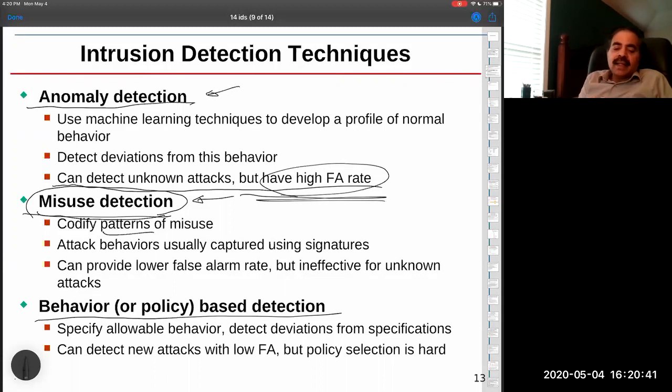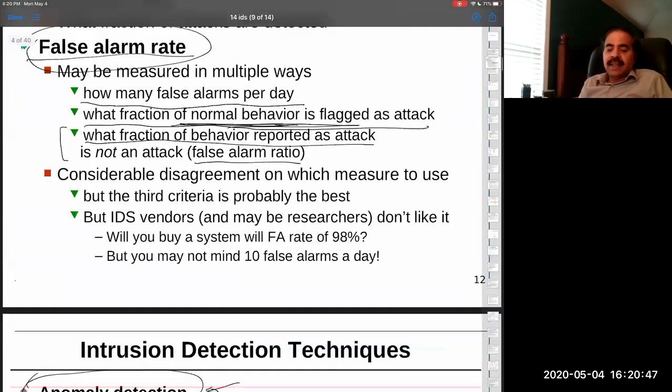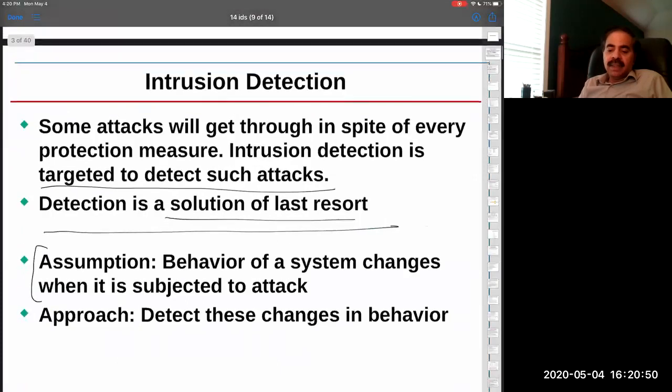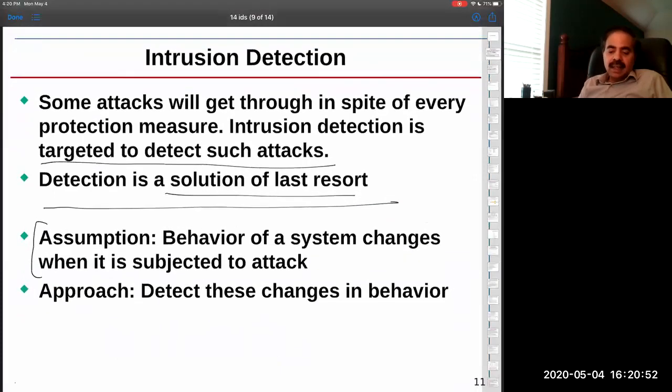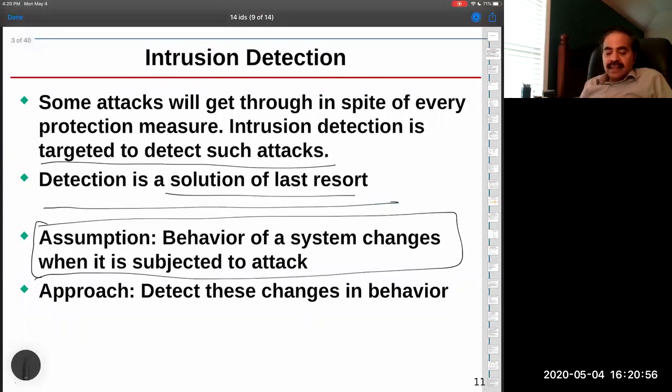And by the way, the reason why anomaly detection works is because of the fundamental assumption in anomaly detection, right? Which is this: whenever there is an attack, the behavior of the system changes in some way, right?